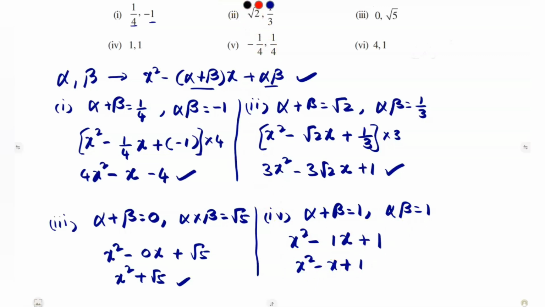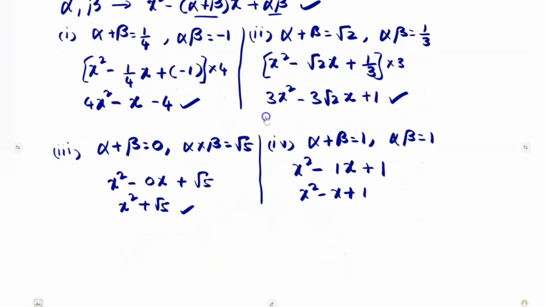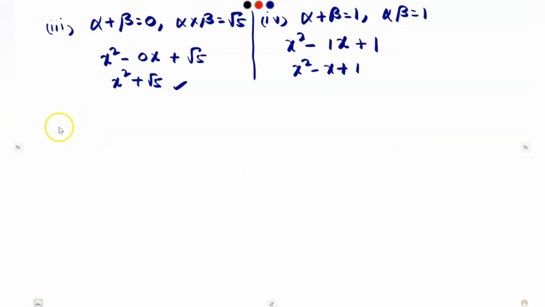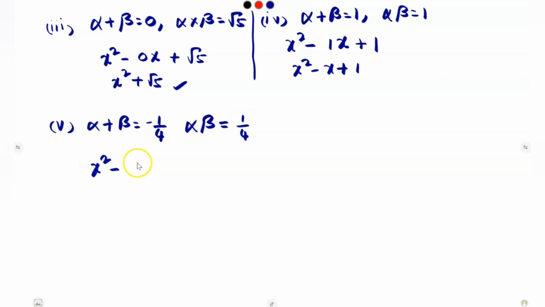Now coming to the fifth. Given the fifth question, alpha plus beta is equal to minus 1 by 4 and alpha times beta, the product of the zeros, is given as plus 1 by 4. Now substituting them into the polynomial, we get x square minus (alpha plus beta, minus 1 by 4) x plus alpha into beta, which is 1 by 4.